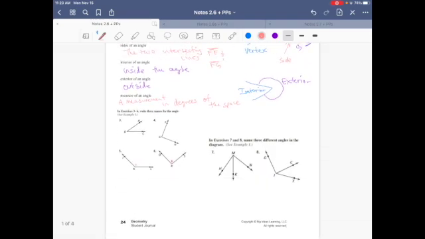Down here, we're going to talk about naming them. How do we name angles? And the principal way we do it is with three letters to say, okay, well, number 3 here, we could call that A, B, C. And make a little note here. Vertex is always in the middle.